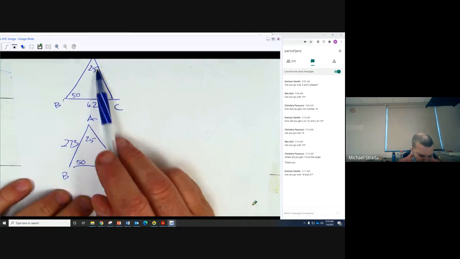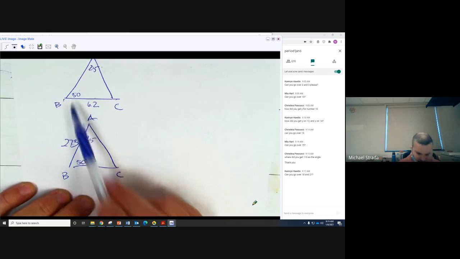So in the beginning of the problem, they tell you A is 25 degrees and B is 50 degrees. So you fill those in.